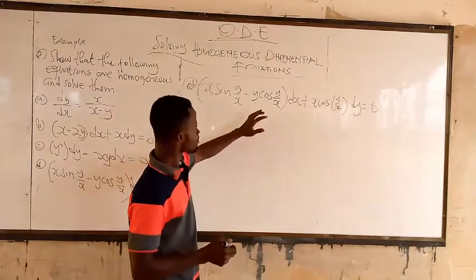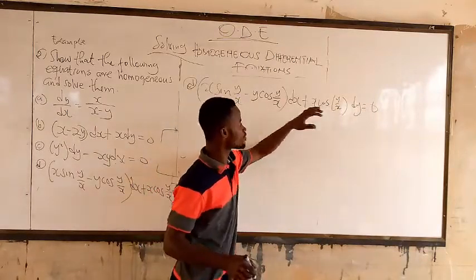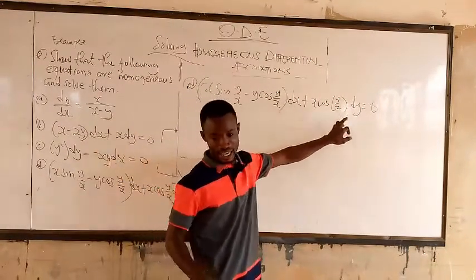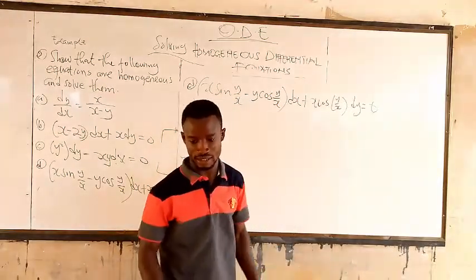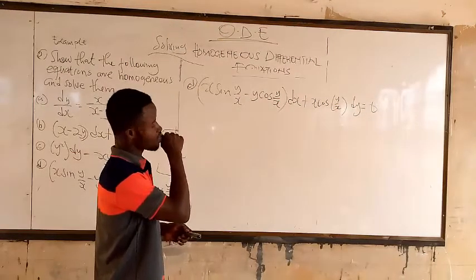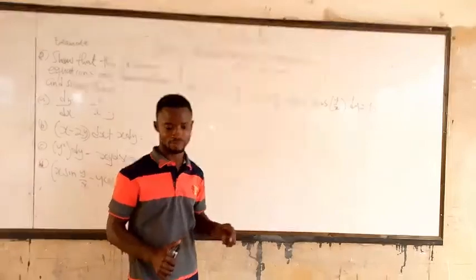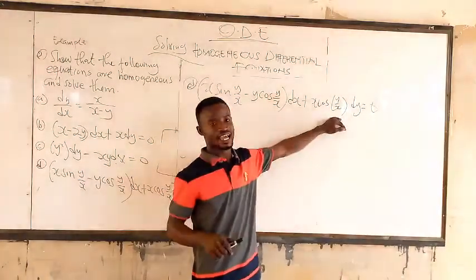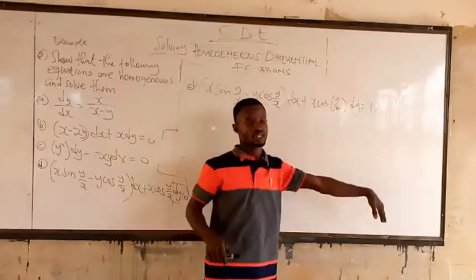So we have this, we have that. Alright. And the dx is here and the dy is also on the other side. So what we are going to do is maintain this on the left hand side and send this to the other side.